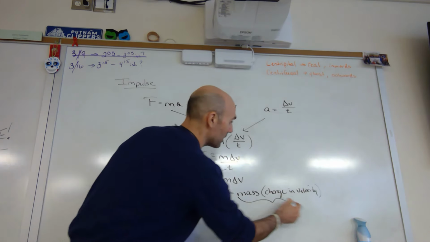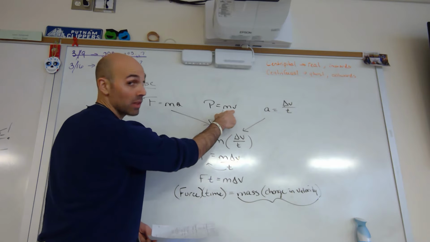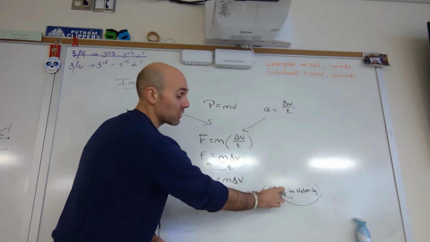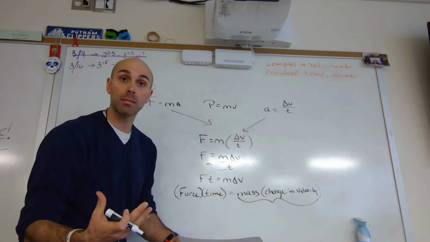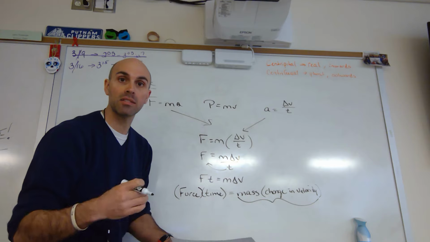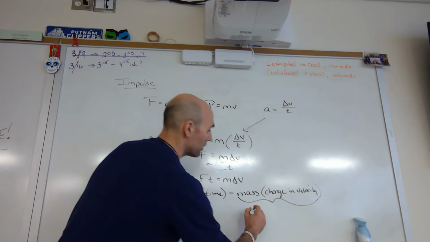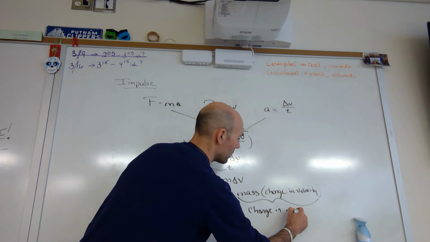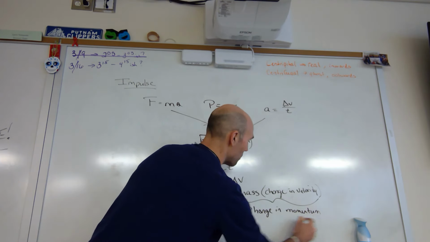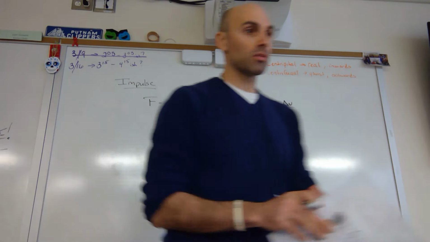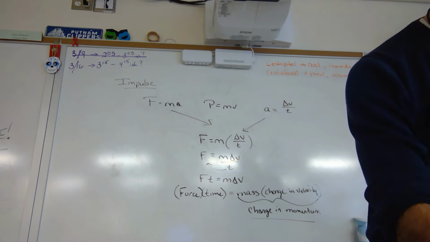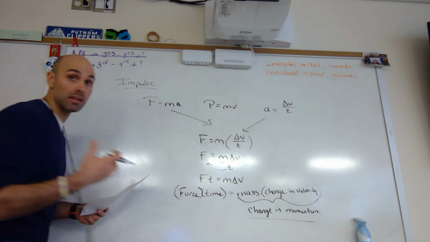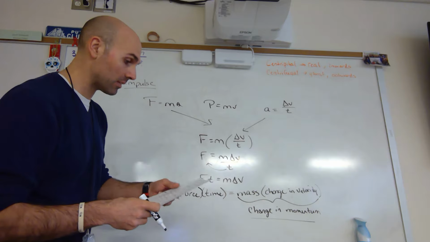And what this is, if we look all the way back to here, mass times velocity, mass times a change in velocity. Take that change out, it's mass times velocity, it's momentum. Put that change back in, it's change in momentum. So this right here is a change in momentum, okay? So we've just pretty much discerned our first equation and exactly what impulse is.